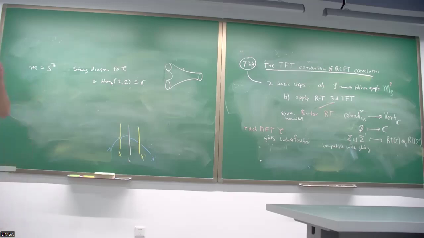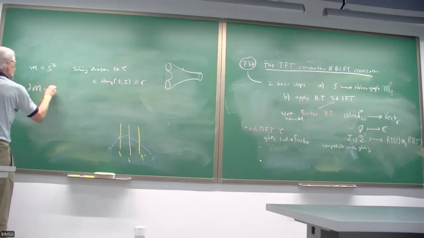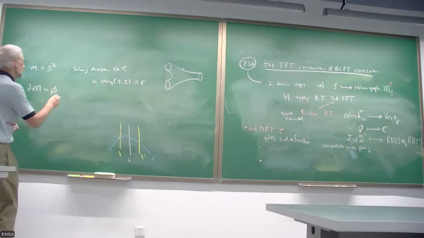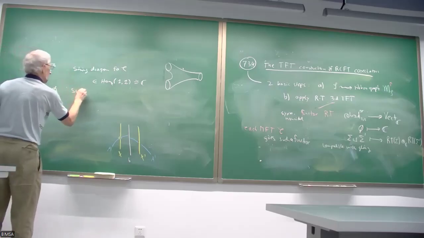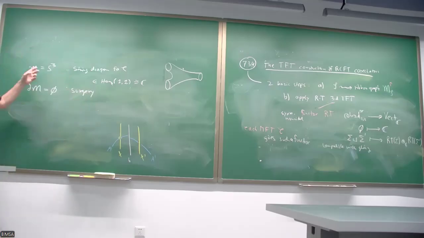If the manifold is more complicated, but still has empty boundary, then one uses surgery to relate it to S3.